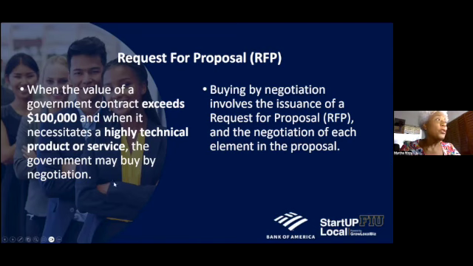What a proposal also does is allow you the negotiation. When the government is buying by negotiation, they usually do the request for proposal, because they can negotiate each element, also referred to as line items, of that contract.